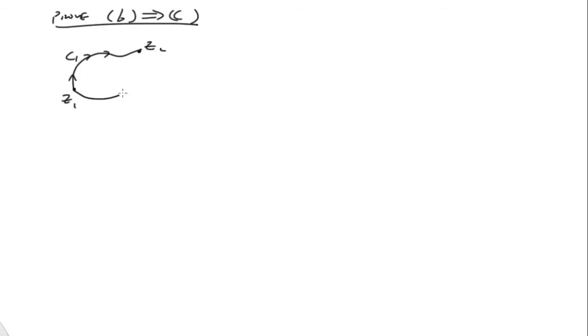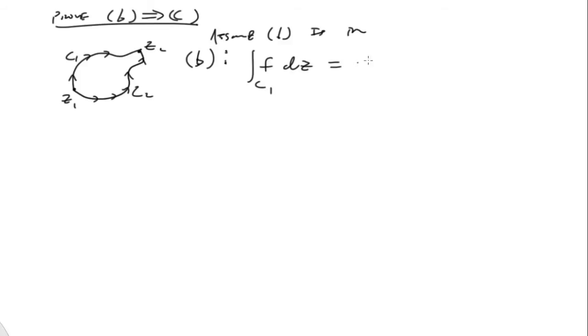Then I take another contour here, like that, and that's contour 2. Part B states, assume B is true, and that statement means that the integral over C1 of f dz is equal to the integral over C2 of f dz.